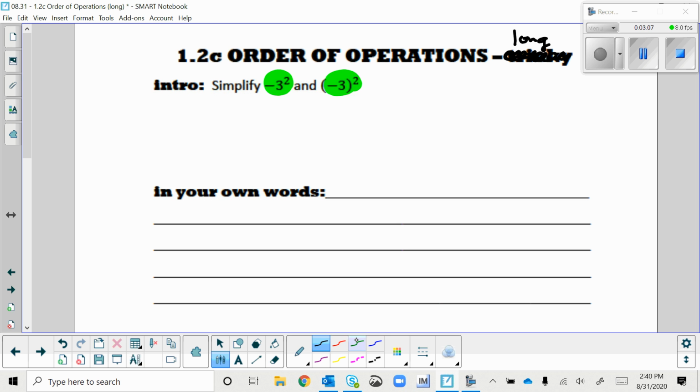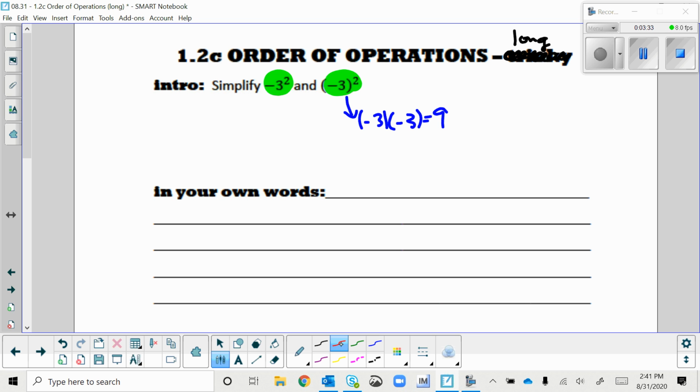Okay, hopefully you got different answers for these. The second one is positive 9. What that second one means is that -3, because it's in parentheses, that entire thing is squared. So it means -3 times itself, which is positive 9. But the first one does not mean that because the negative is not inside any parentheses.